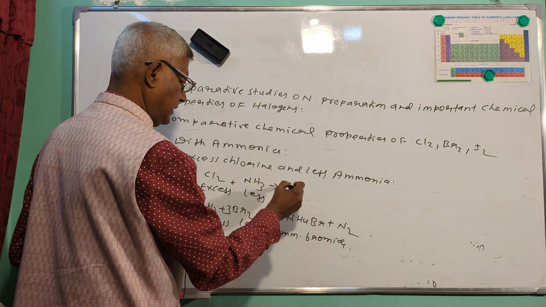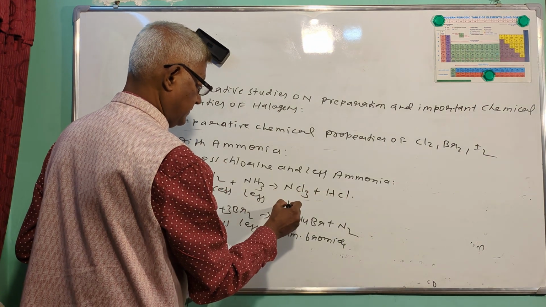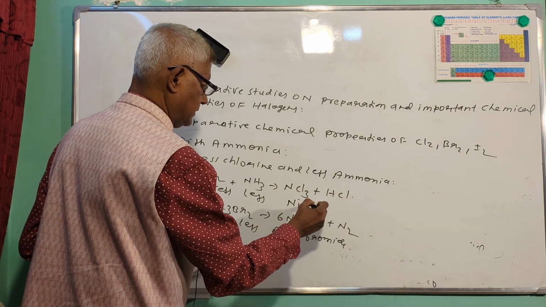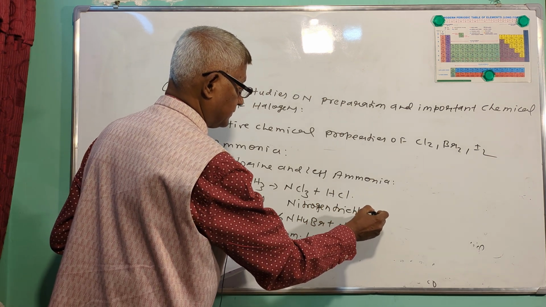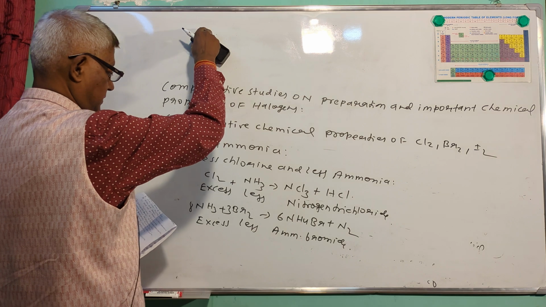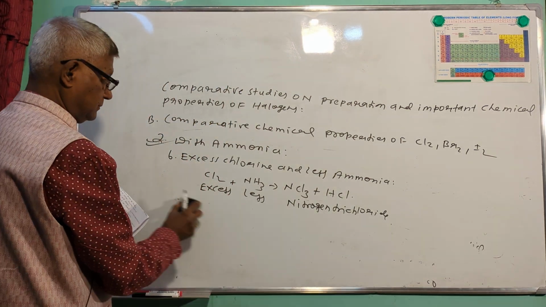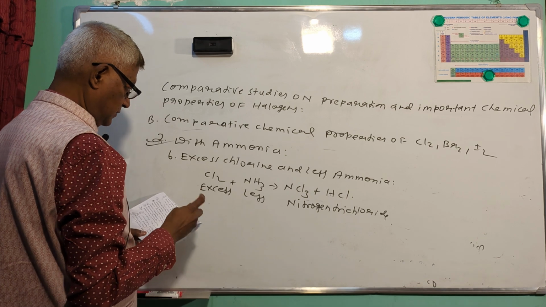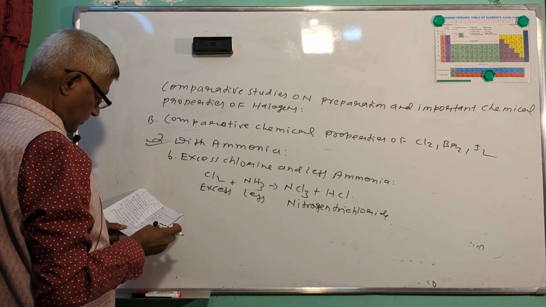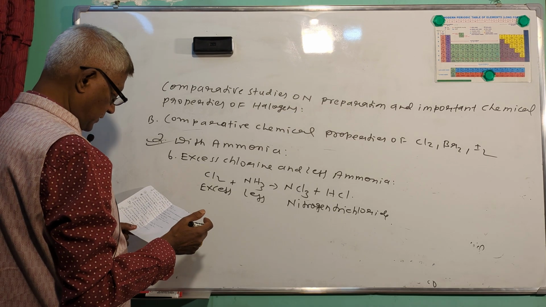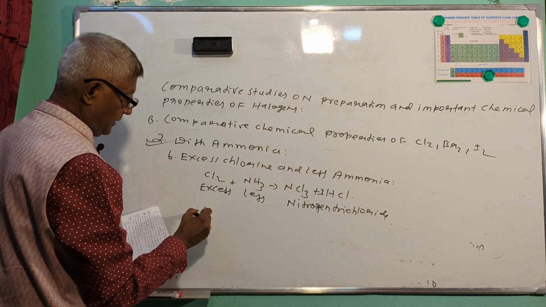In this case, what do we get? Nitrogen trichloride plus HCl. That is nitrogen trichloride. Yes, so the balancing is, 3Cl2, so what do we get? 3HCl balance.